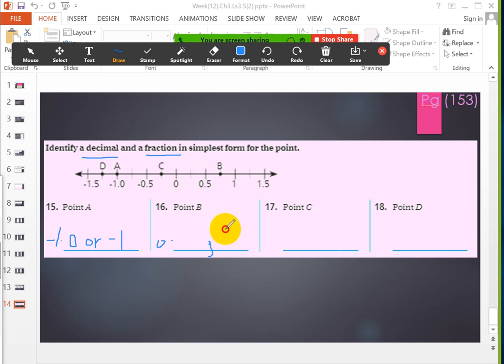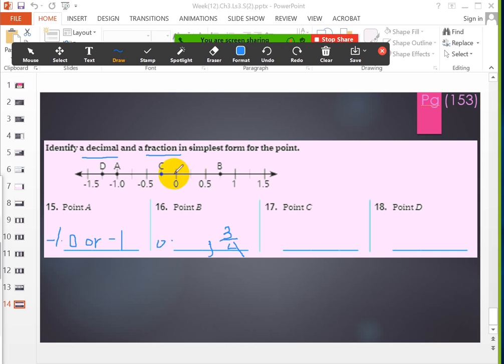That means the fraction is 3/4. This is the fraction on point B.